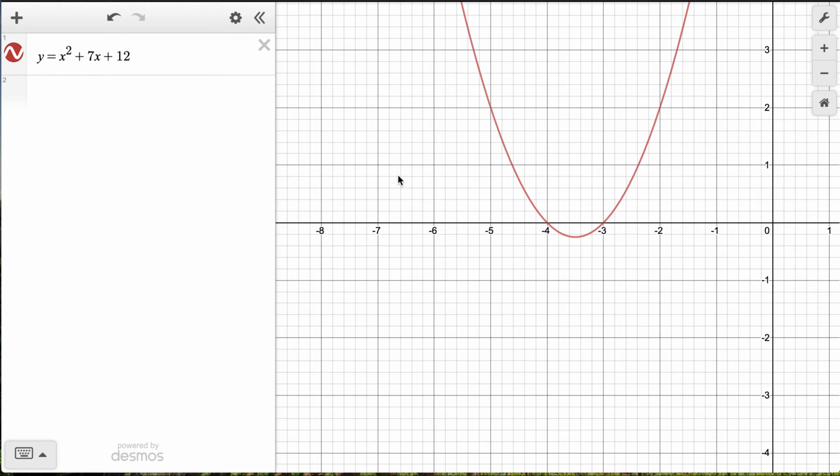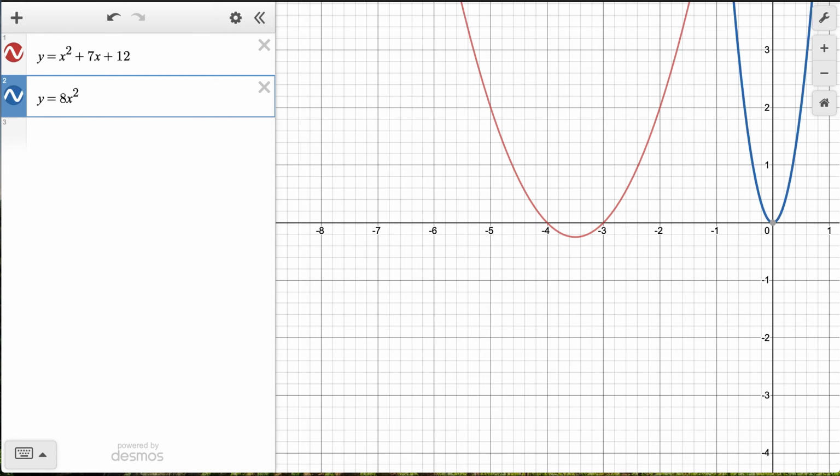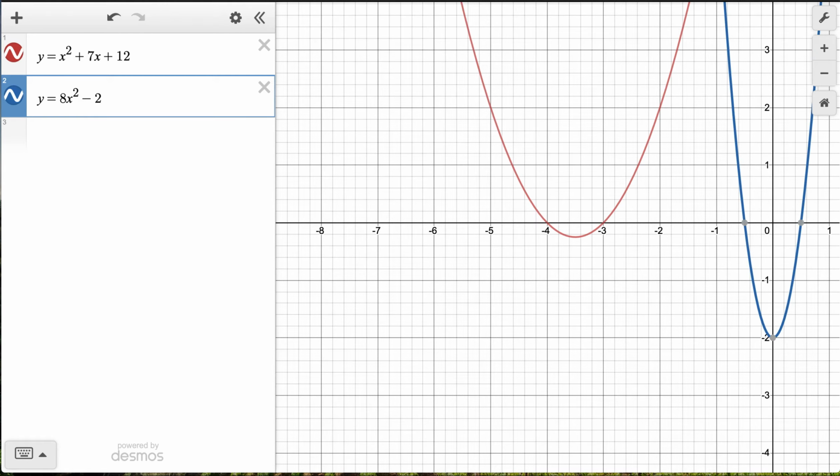Now, let me do one of my example questions. If you remember, question 19 was the one that said 8x squared equals 2x plus 15. And I said you need to first of all make it say equals 0 by manipulating it. If you followed the video, you would know that having done that, we got 8x squared minus 2x minus 15.